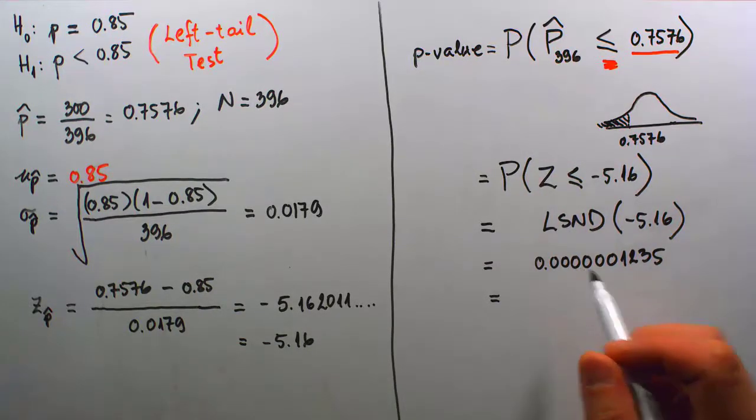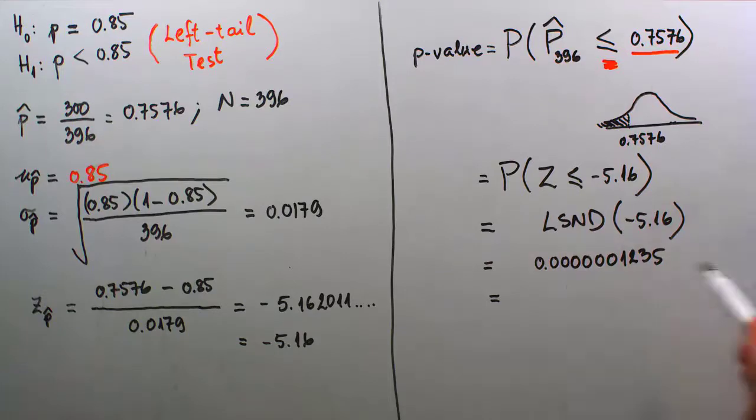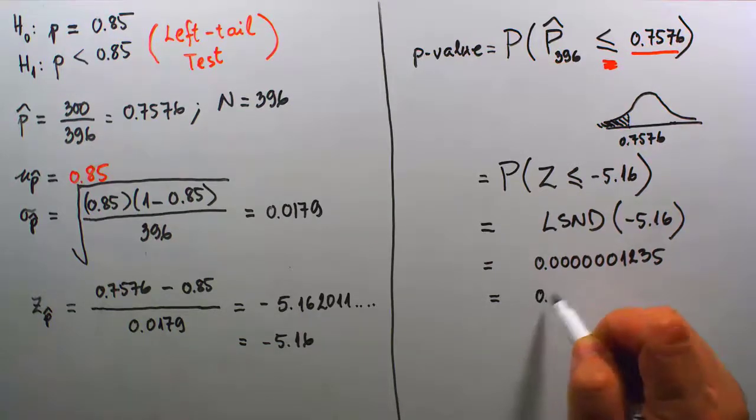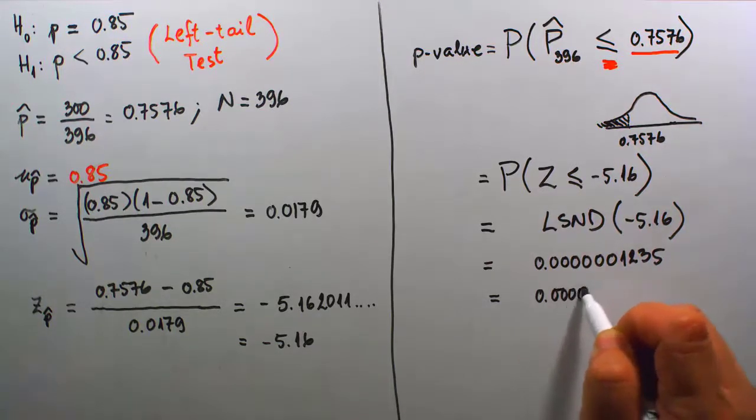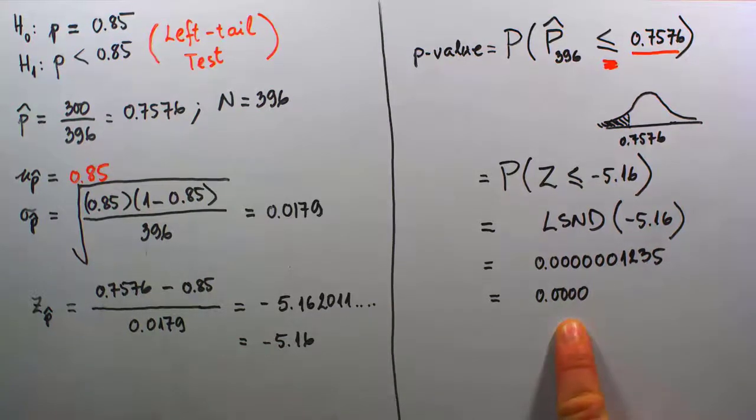So in 4 decimal places, our p-value is concluded to be 0.0000, or literally speaking, we can say our sample has p-value 0 in this case.